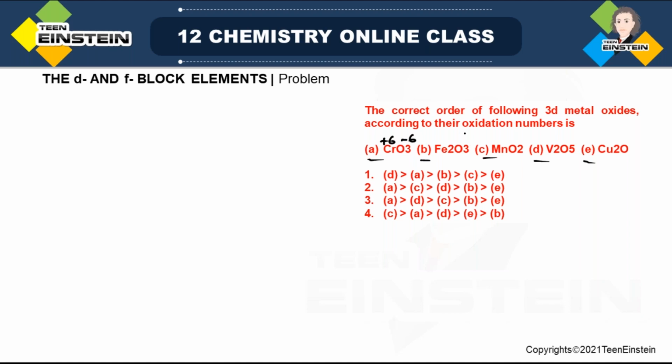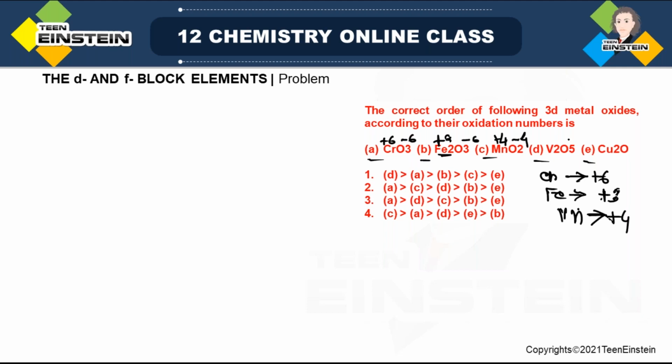Then for Fe2O3, total negative charge is -6, but you have 2 iron, so individual iron will have oxidation state +3. So chromium has oxidation state +6, then iron has oxidation state +3, and MnO2 has total negative charge -4, so Mn will have oxidation state +4.